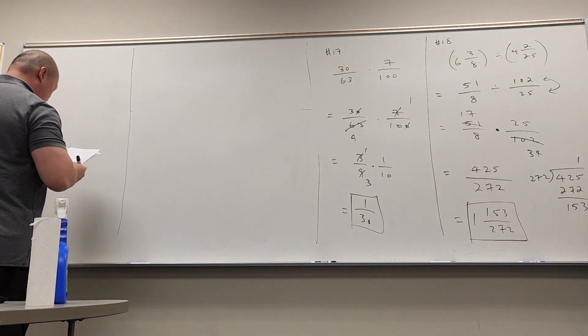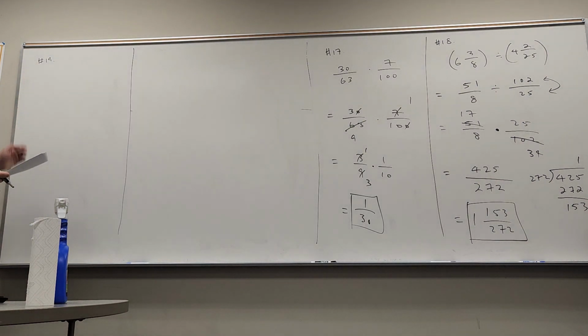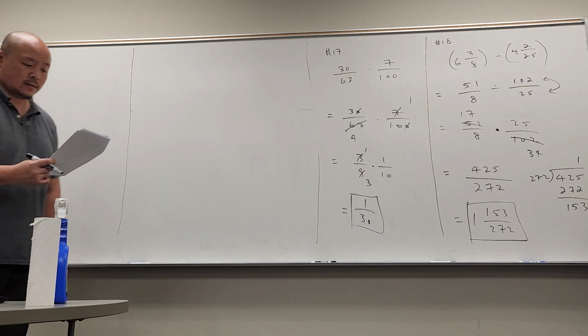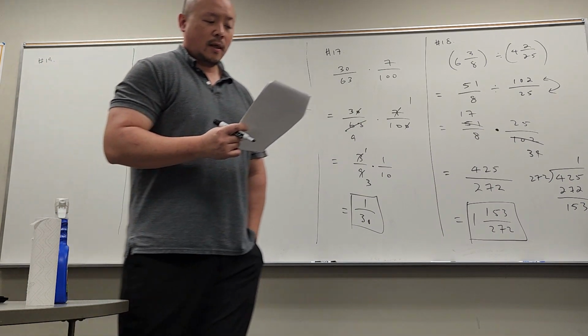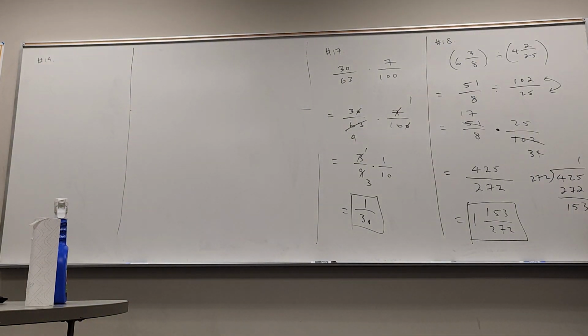So that's number 19. Number 19 has Barry takes 3.5 hours to detail a car. And he works 21 hours during the week.